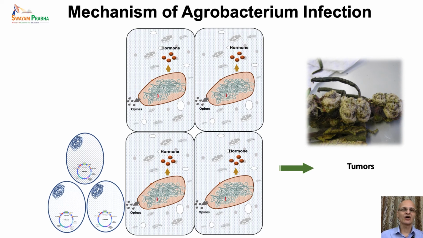And this is how the agrobacterium infects the plant, transforms the plants, and how smartly it integrates its own DNA into the plant genome, and after that it makes the plants work for it. That is, it is making the food for the agrobacterium, and agrobacterium is just growing and enjoying by using the opines made by these dividing cells.